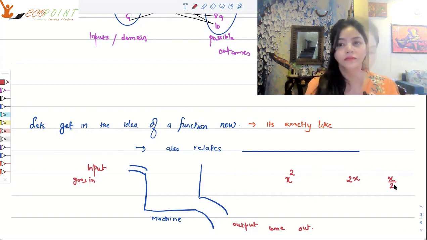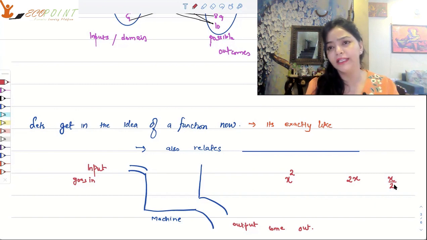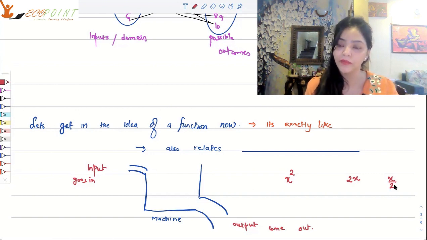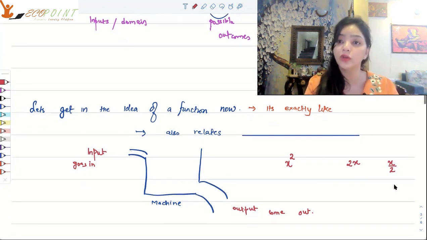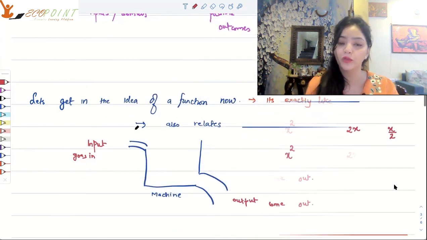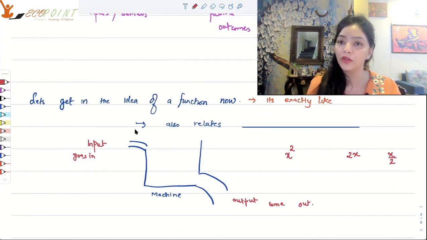This machine can operate in any way, and it is a function. What you will be saying is that you have an input, you apply the function on it, and you get an output. So the output is a function of your input. Hence, function also relates input and output. So your question should be: why do I have another terminology, function?